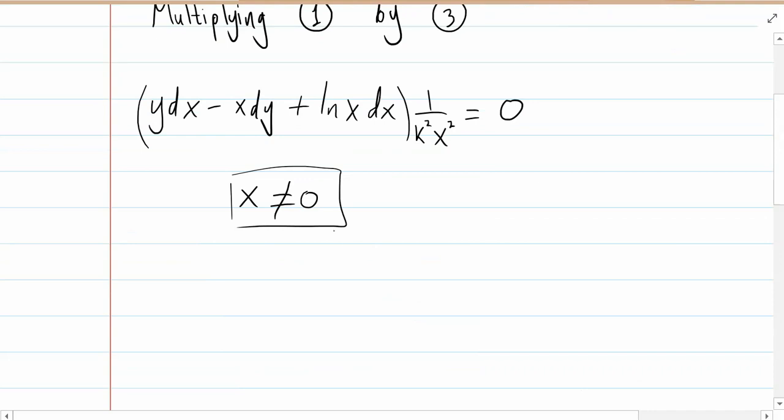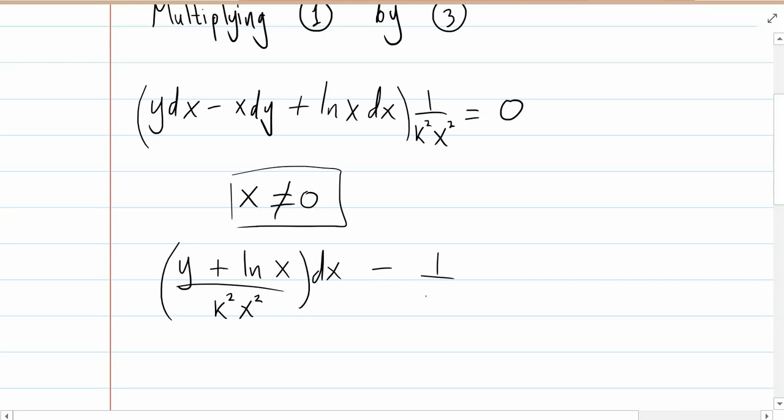So what happens when I multiply here? I'm going to get now (y + ln x) over k squared x squared dx minus 1 over k squared x dy is equal to 0.